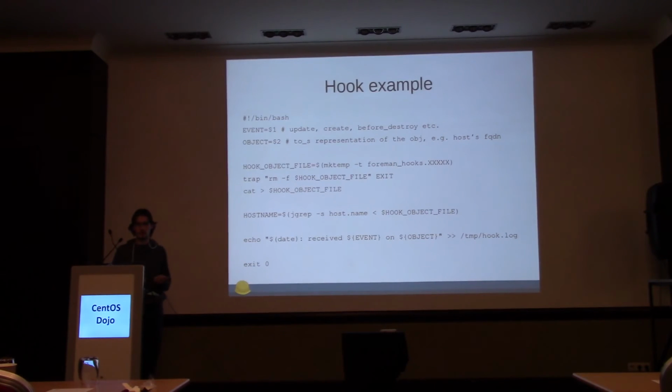We've got two command line parameters, which kind of event, and a small string representation of the object. You can also receive JSON objects through stdin. You can use tools like jgrep on command line to get information from the JSON data, and then be creative. This is just a short example, and the execute methods.